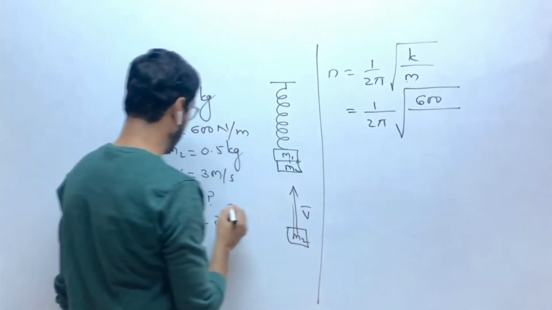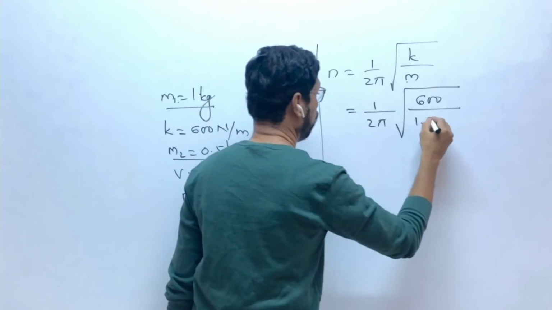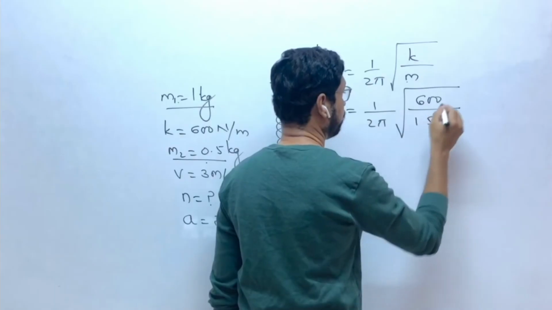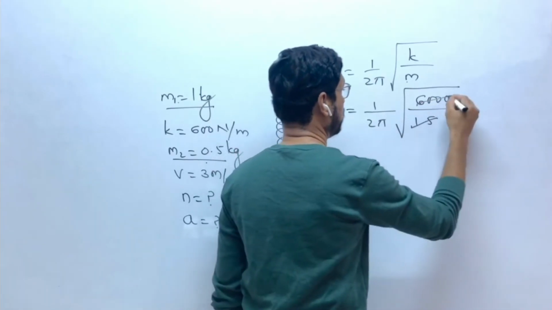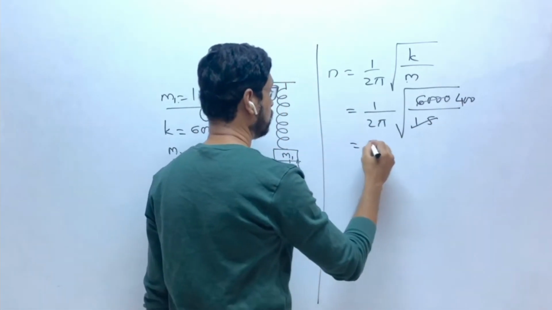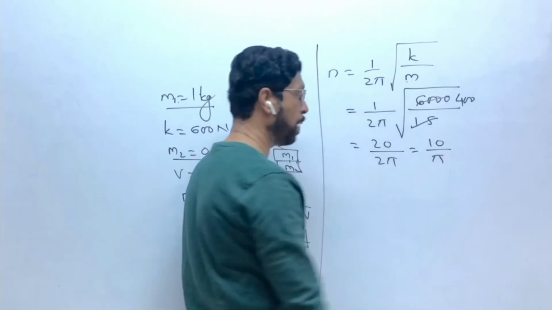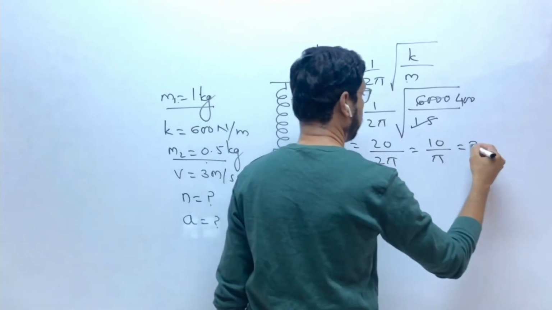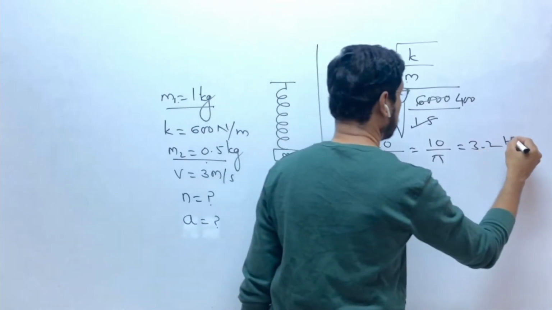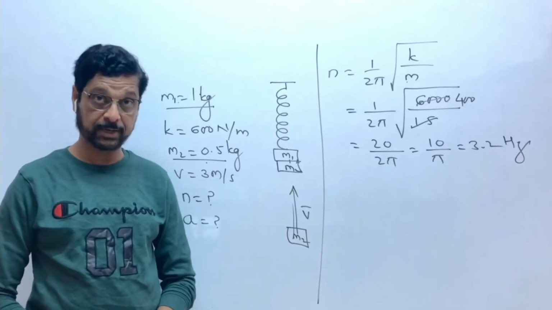So M will be M1 plus M2, that is 1 plus 0.5, 1.5. Or that is 15, and this is 6,000. 15 fours are 400. Root of 400 is 20. So this is 20 upon 2 pi, that is 10 by pi, or 3.2 approximately. So 3.2 approximately, this much hertz, is your first answer, the frequency of oscillation.